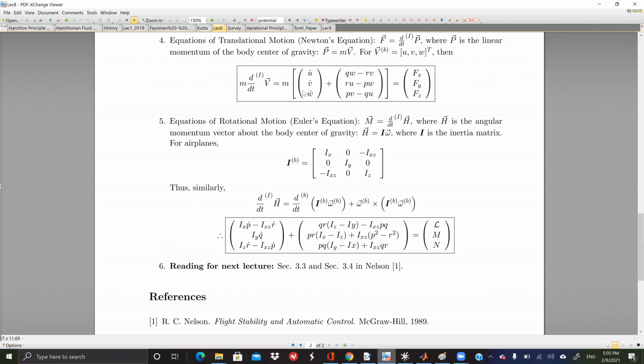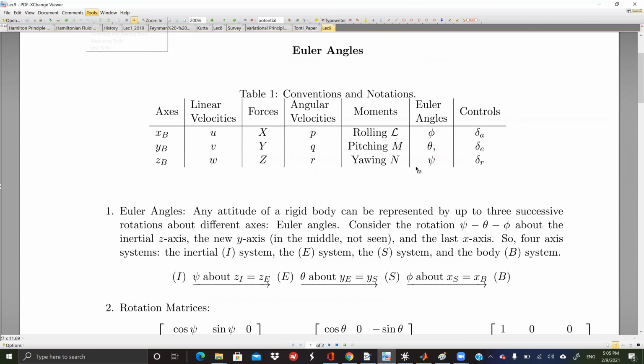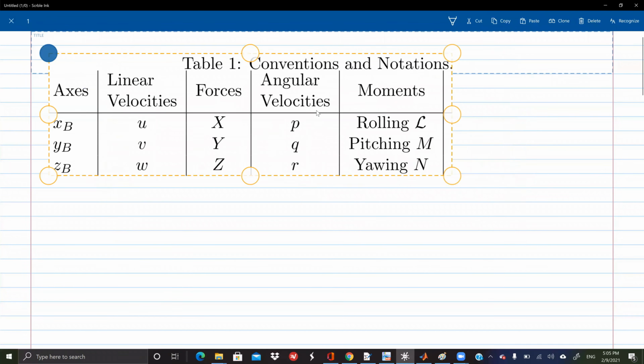All right, so let's start, and I'm gonna start with this table as usual. Okay, so this is our table.